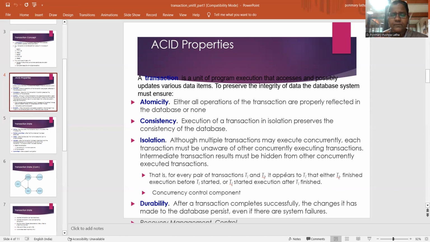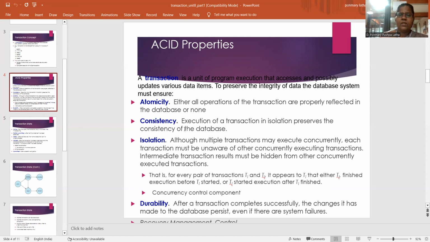Then durability. After a transaction completes successfully, even if system failures occur, everything has to be corrected. That is durability. So in the ACID properties we have atomicity, that is all or nothing.